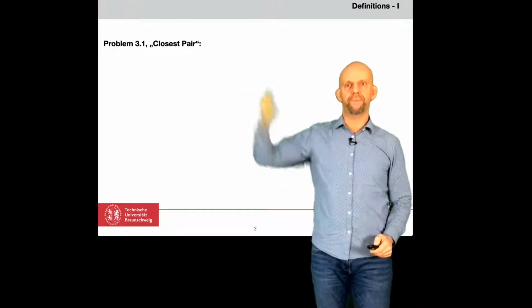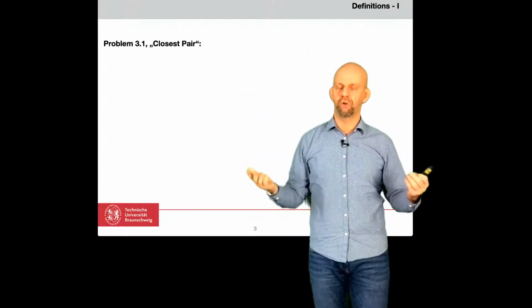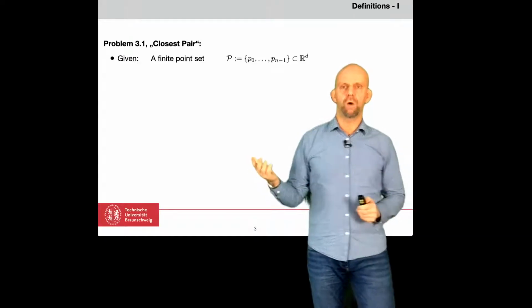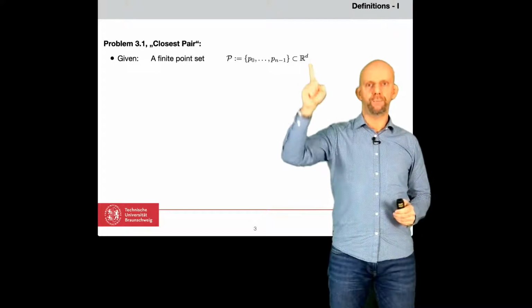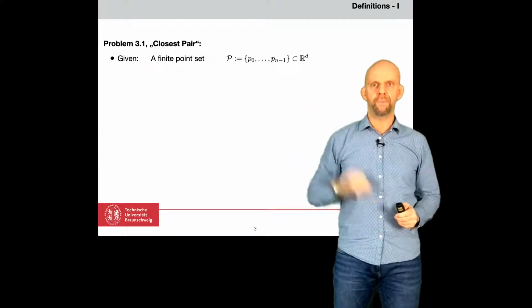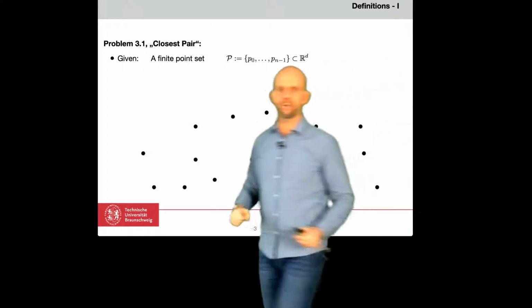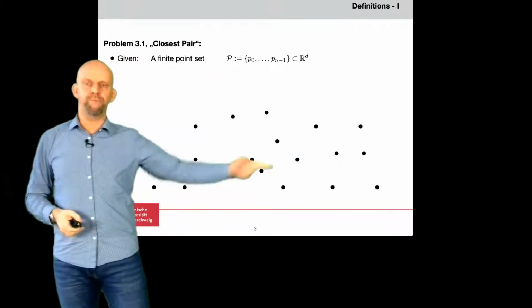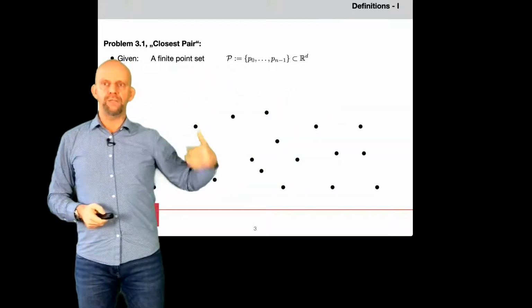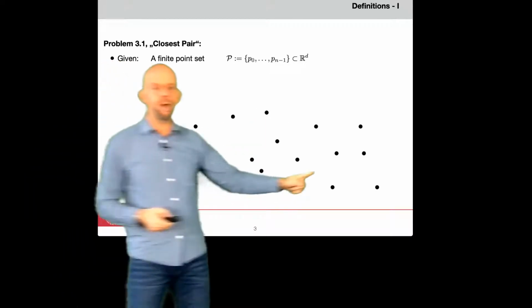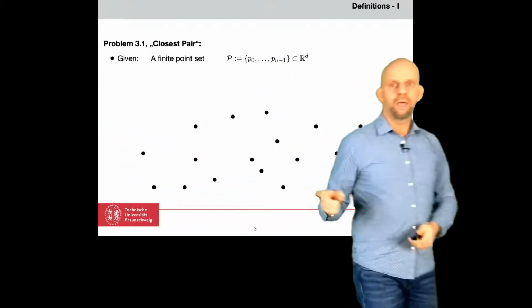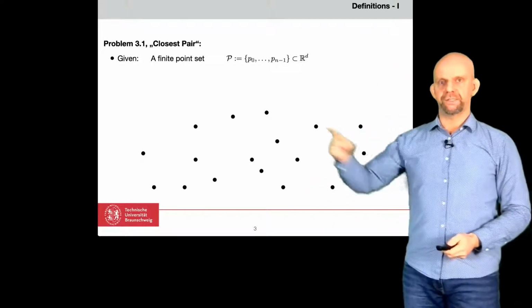The problem we're going to consider is called closest pair. So you are given a set of points in some potentially higher dimensional space. Here's a set of points, so let's look at those. And what you want is a pair of points among all these points that has the smallest distance.